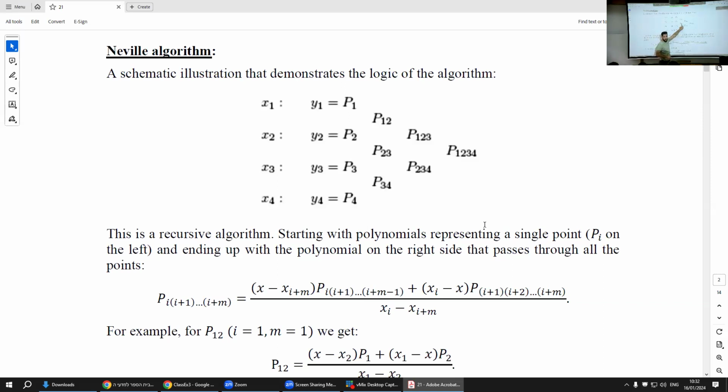I want this to be multiplied by 0. So I build this as x minus x4 multiplied by this, minus x minus x2 multiplied by this.